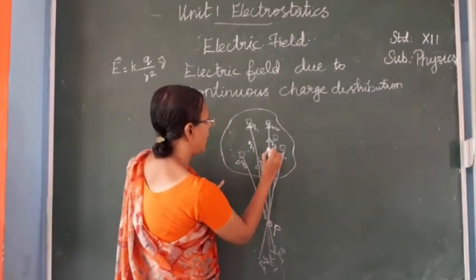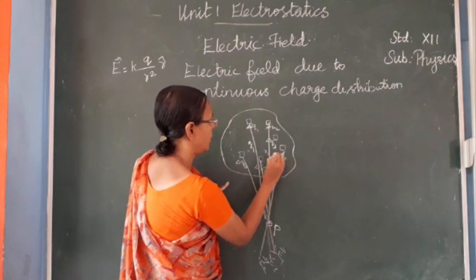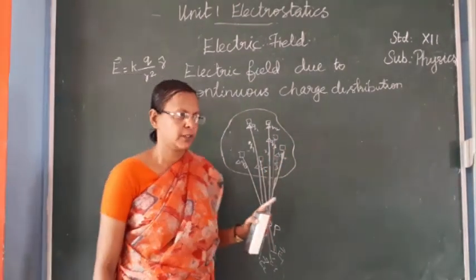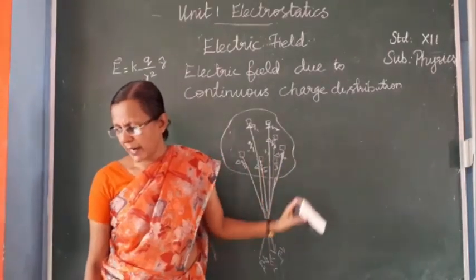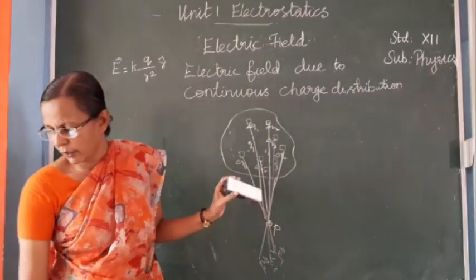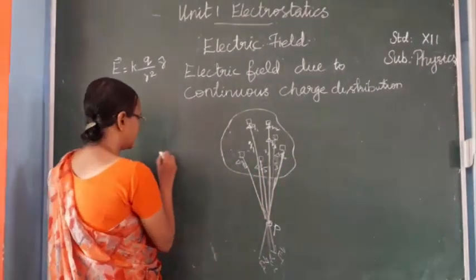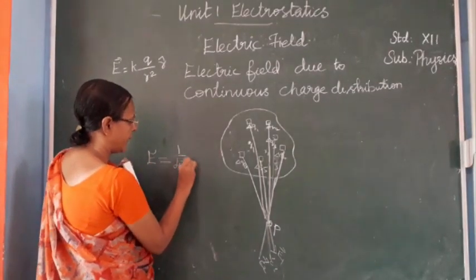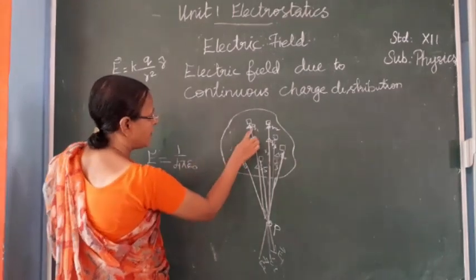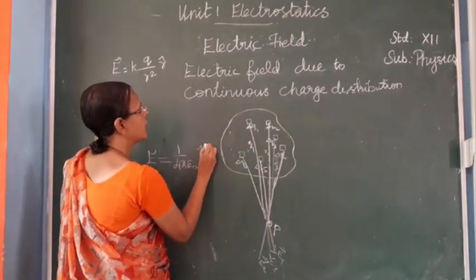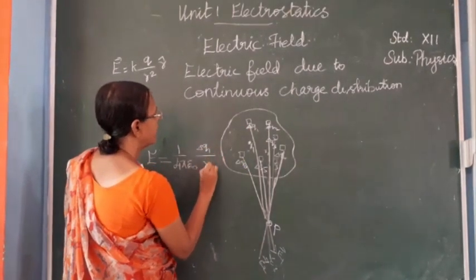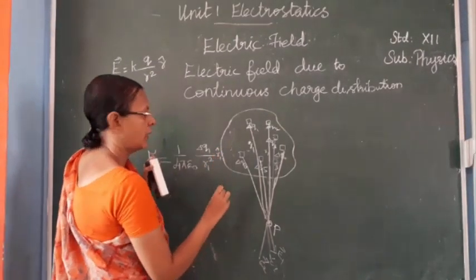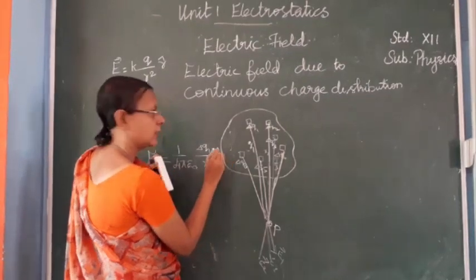The distances r1, r2, r3 also change like this. We know the formula: E is equal to 1 by 4 pi epsilon 0 for the first charge, del q1 divided by r1 square, r1P cap.